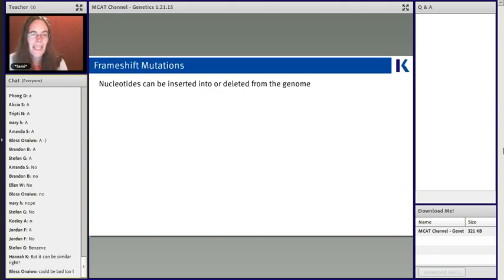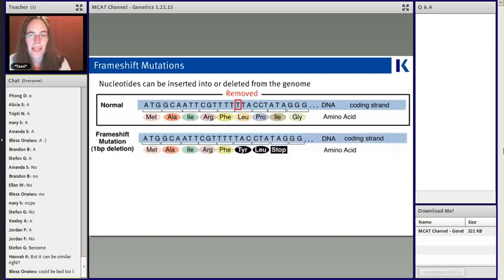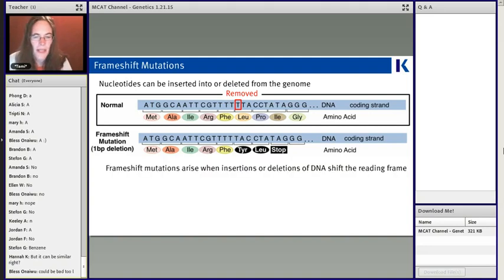The second type of mutation we have to our DNA is a frame shift. This is where I insert or delete a base. This is bad. Okay, if I remove this T here, it changes the entire reading frame from that point forward. Typically after that, we have a stop codon shortly after that.